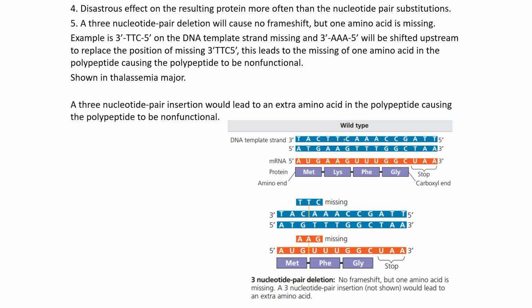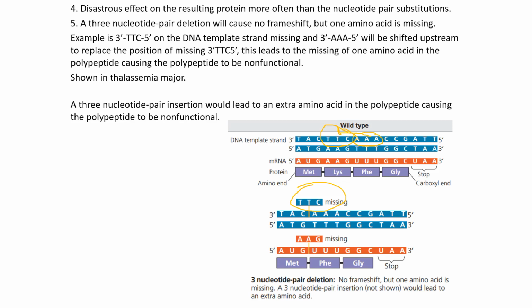Now an example here is the TTC on the DNA template strand, missing. This TTC when missing is shown here; it's being removed. So what happened? The AAA, which is downstream of the TTC, will be shifted upstream to the TTC position.